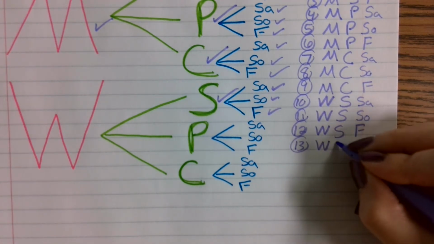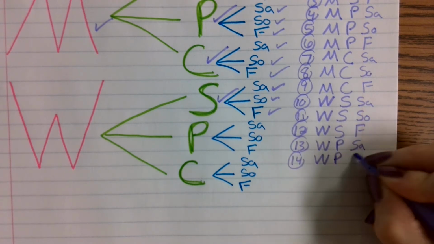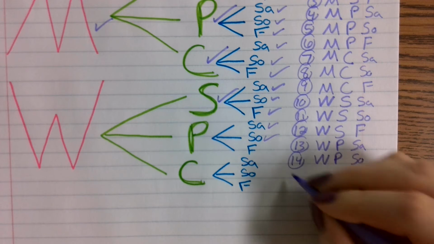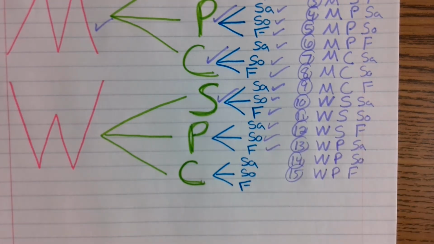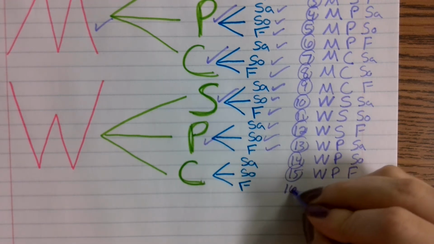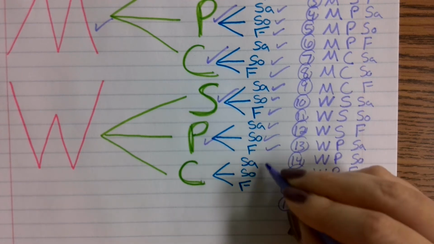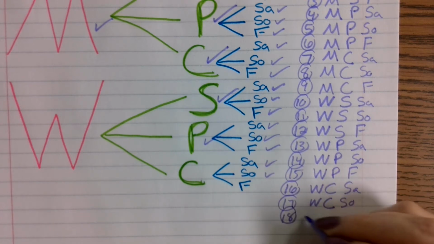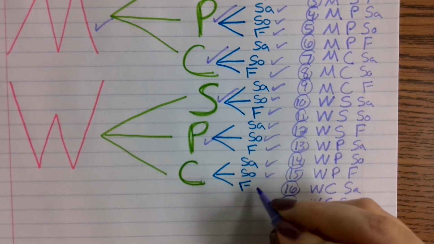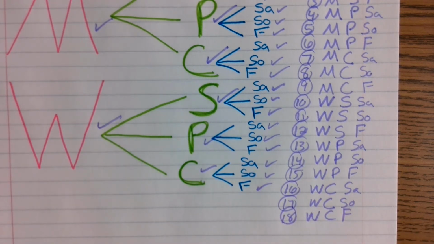Then I've got water, pasta, salad, water, pasta, soup, water, pasta, fruit. Pasta is done. Water, chicken, salad. Water, chicken, soup. And water, chicken, and fruit. Chicken's done, so now water is done. So the whole thing is complete.